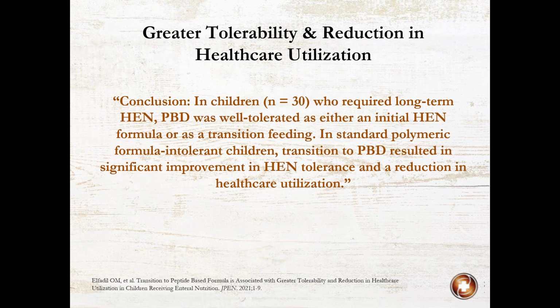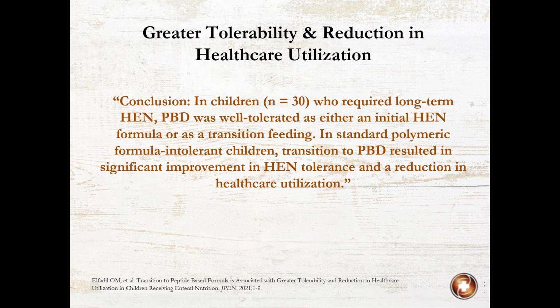Then in this study, they looked at 30 children on long-term home enteral nutrition with peptide-based formula. And these results were after the transition from a standard formula. They saw a 22% decrease in diarrhea, 44% decrease in nausea and vomiting.